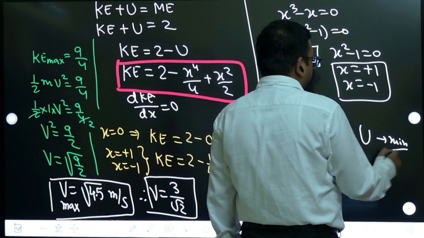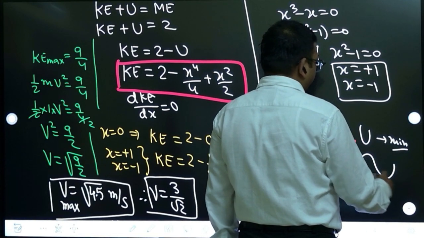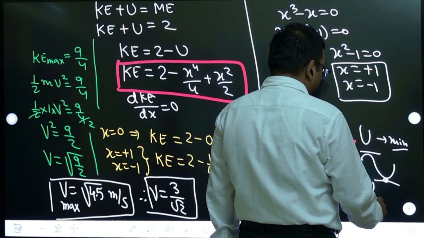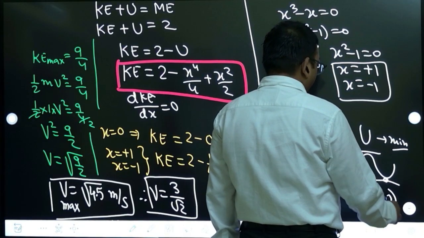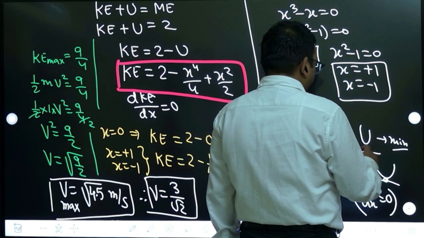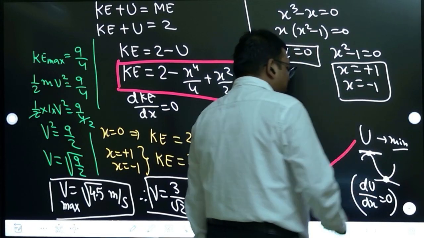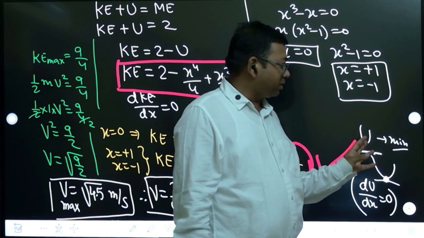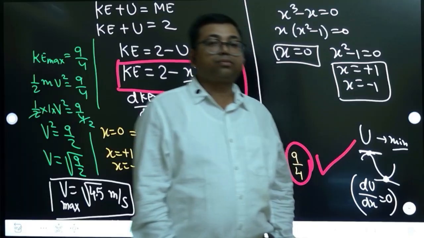Maximum or minimum means dy by dx is 0. So the differentiation of potential energy should be 0. For minima also it should be 0. If you are trying to calculate by potential energy, then also you can do that.